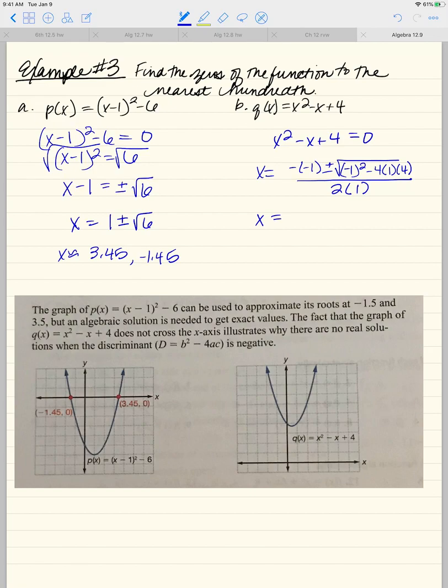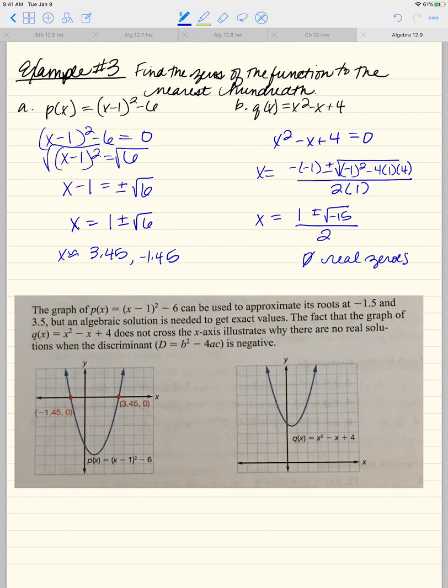That gives us x is equal to 1 plus or minus the square root of negative 15, over 2. That is impossible, okay, because our discriminant is negative, so there are no real zeros to this function.